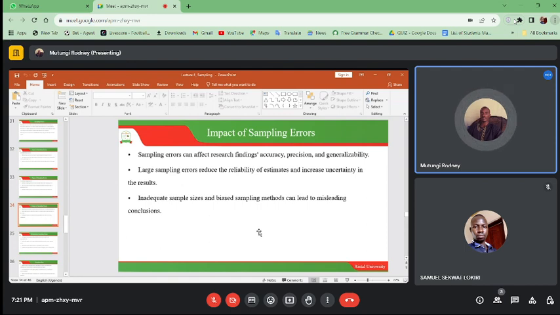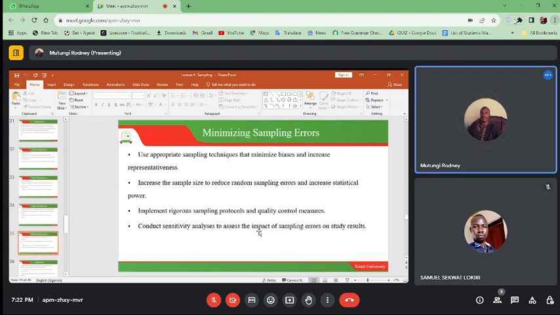If there was a very big error in your study, then people cannot rely on your estimates. They cannot rely on your study. You cannot inform people using findings out of a study that had a lot of sampling errors. So that's why we always try as much as possible to narrow down or to reduce our sampling errors. Then inadequate sample sizes and biased sampling methods can lead to misleading conclusions. That is also self-explanatory.